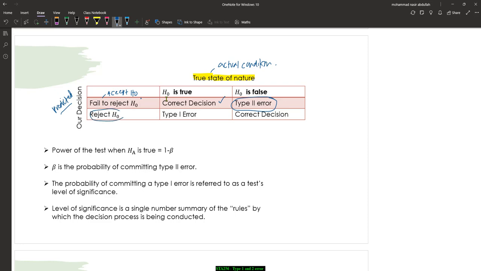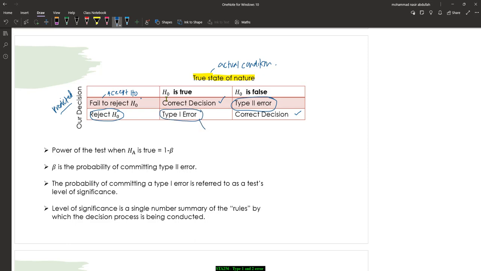When we reject the null hypothesis and the null hypothesis is false, then we are making a correct decision. If we reject the null hypothesis and the null hypothesis is true, then we are making a type 1 error, right?